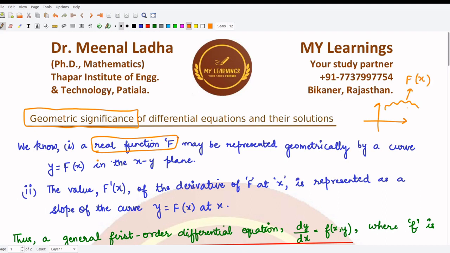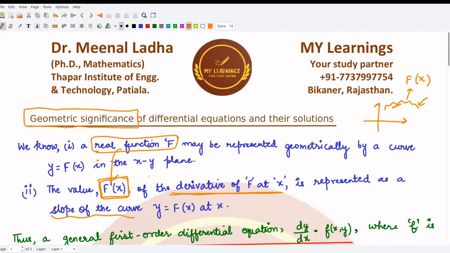If you take the derivative of this function, which is f prime x or f dash x, whatever you like to call it, this derivative of f at x is represented as the slope of this curve. If you take some point and draw a tangent to this curve at this point, then this tangent gives you the slope of this curve at this point, and this slope is given by f dash x, right?